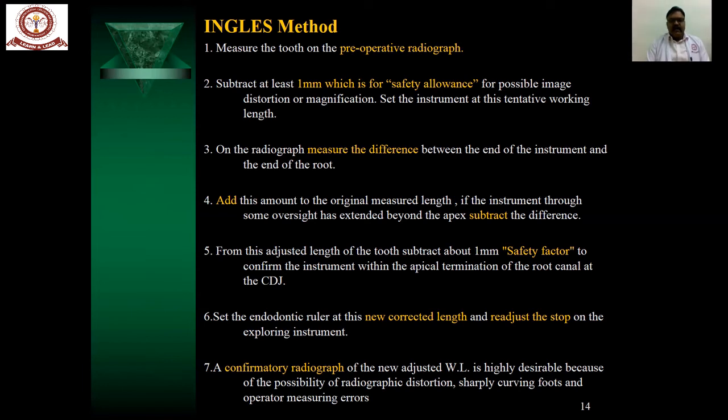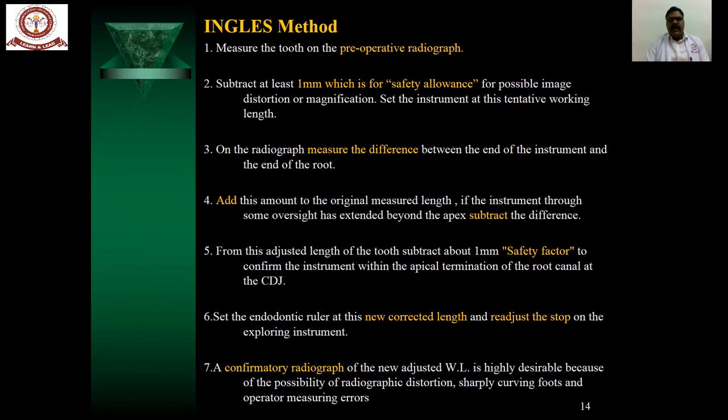Then you set the endodontic ruler at this new corrected length and readjust the stop on the exploring instrument. A confirmatory radiograph of the new adjusted working length is highly desirable because of the possibility of radiographic distortion, sharply curving roots, and operator measuring errors.